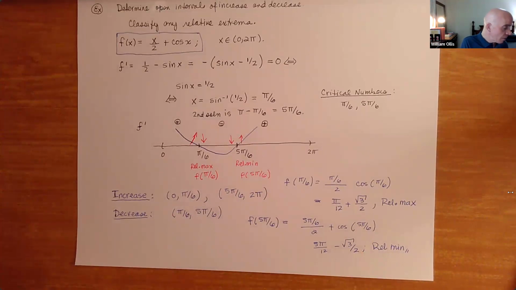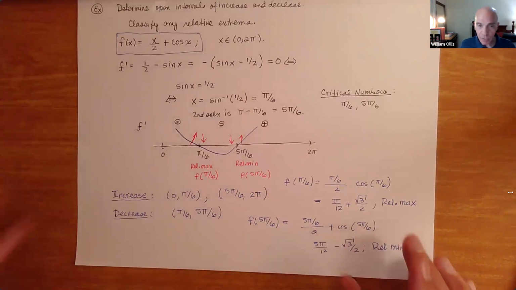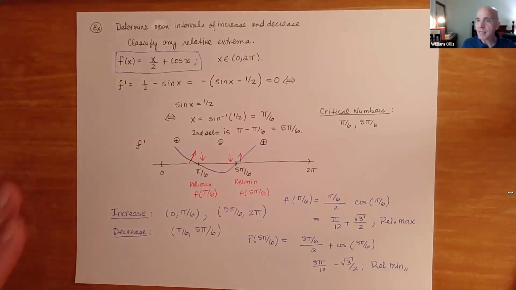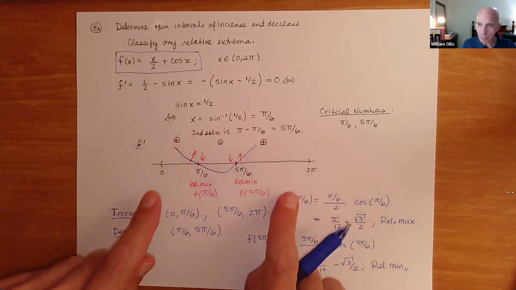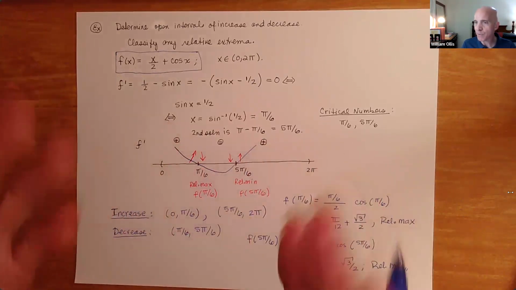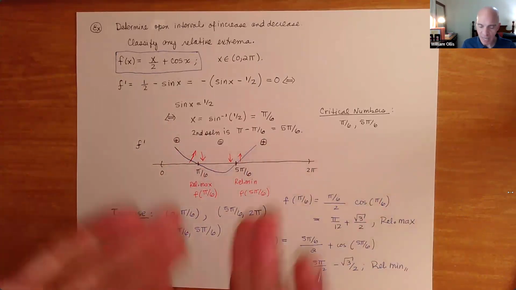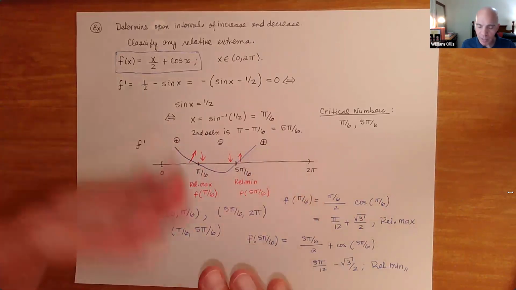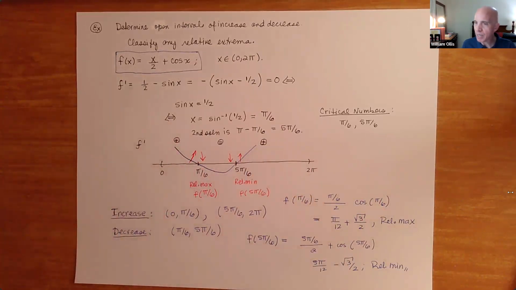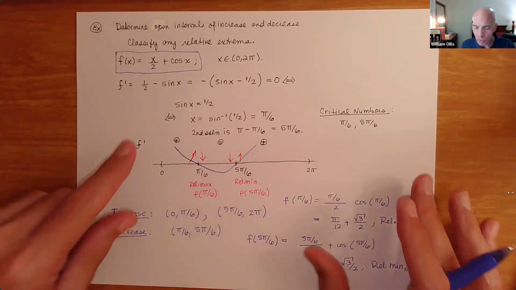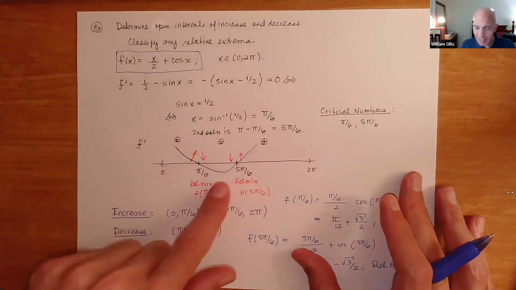So when we think about the process here, we see that the key to all of this is the increasing decreasing theorem. The increasing decreasing theorem naturally gives us the first derivative test. It's like it's right there. And what will help bring a visual to you is once you actually do the sign convention.